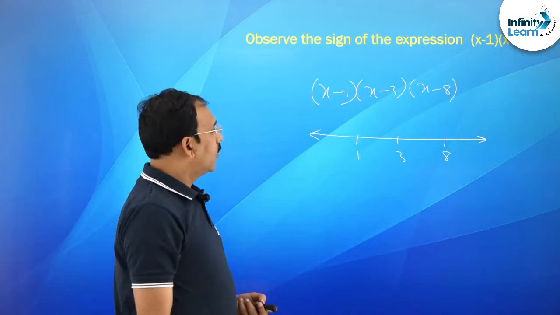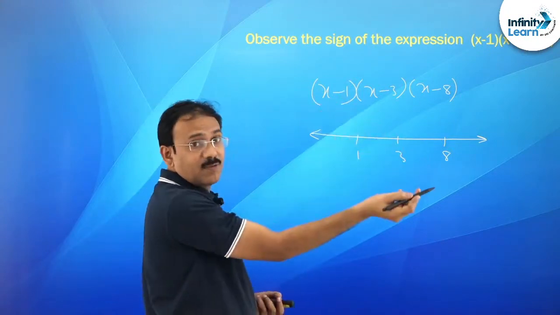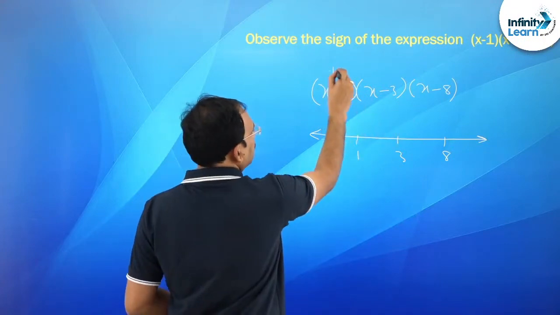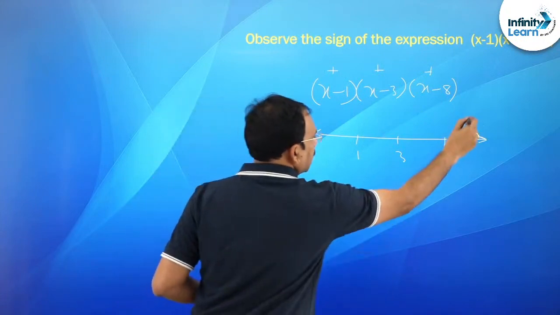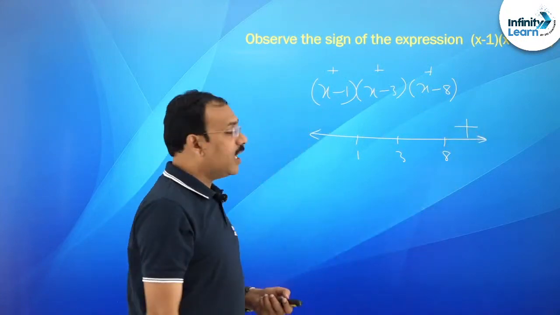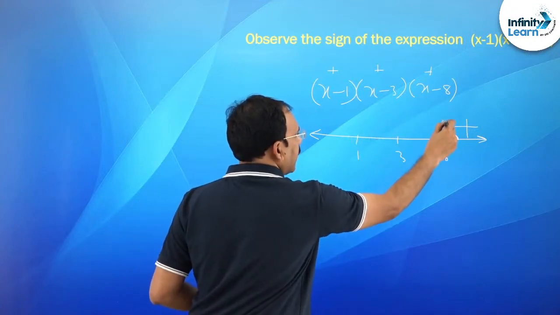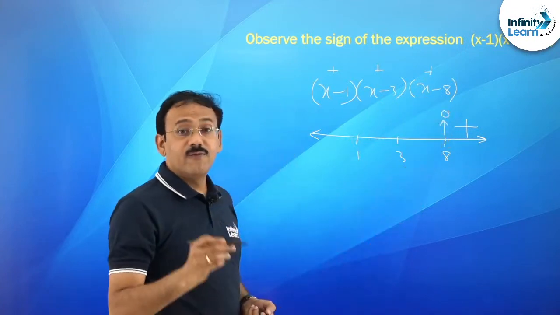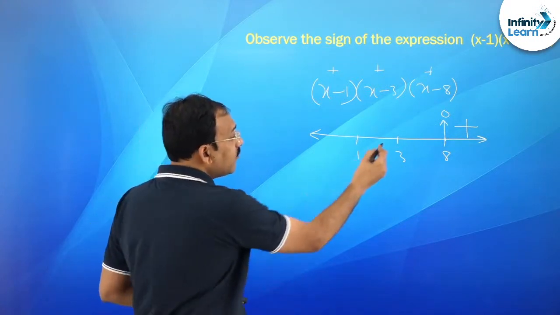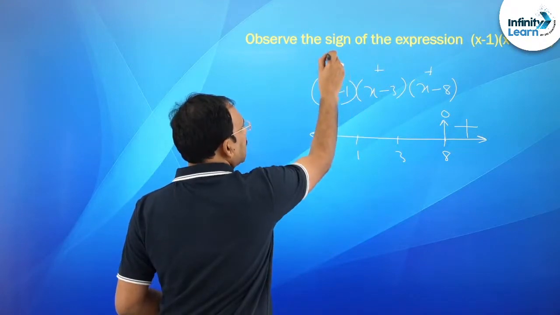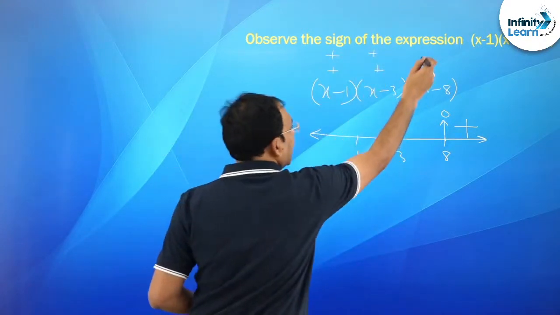Now for any x more than 8, x minus 1 is positive, x minus 3 positive, x minus 8 positive, all the 3 positive, so the product will be positive. If you substitute 8, this term becomes 0, the expression value is 0. Whereas if you substitute a number between 3 and 8, x minus 1 and x minus 3 are still positive, but x minus 8 is negative, friends.